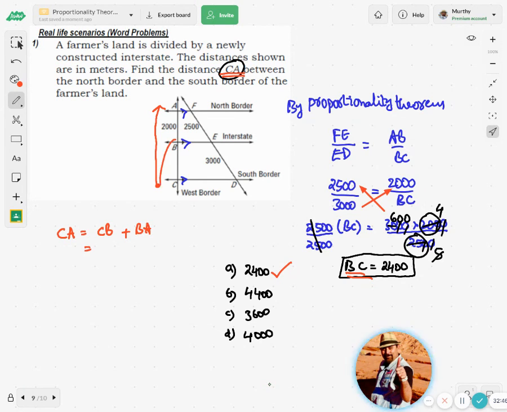So I see that CB just now we got as CB or BC, it's one and same, 2400. What is the length of BA or AB means that is 2000. So it is 4400 meters. So don't get tempted by looking at these options. You have to look at the question and see what the question is exactly. The correct answer is 4400.